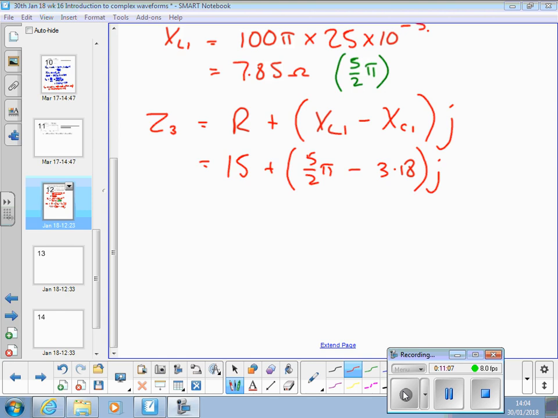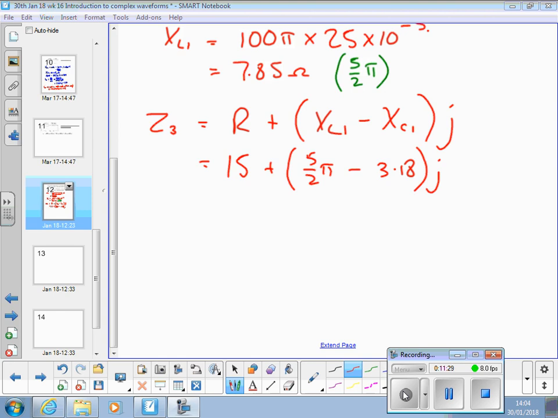And you can actually put that in the calculator like that when you do your conversion to polar. So you don't have to calculate the result of this. You can enter that in your calculator by doing the conversion, entering that, putting the comma in, and then putting 5/2 pi minus 3.18 after the comma. You don't have to do that extra step. Right, Lewis? You've still got the right answer.